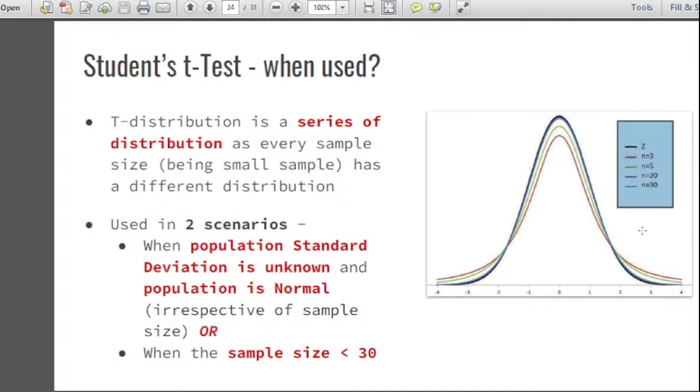N means sample size. That's why we say the t-distribution is a series of distributions. It's not a single distribution, as every small sample size has a distribution of its own.